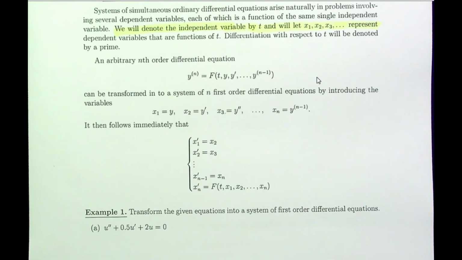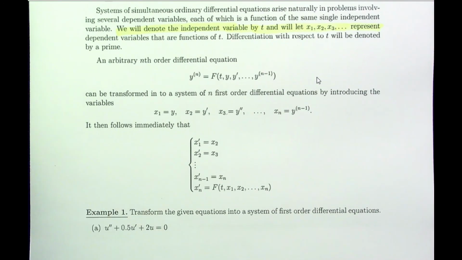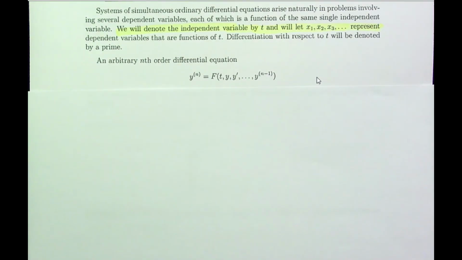If you have an arbitrary nth order differential equation, such as, let's say, this one, remember that you can always solve for the nth derivative. So you can always move everything that is not the nth derivative to one side, so that you end up only with y to the nth derivative on the left.